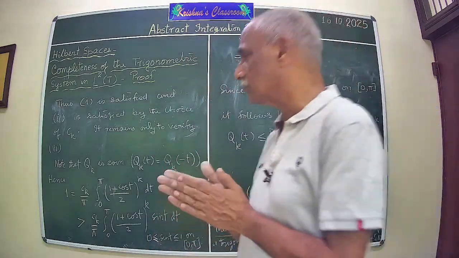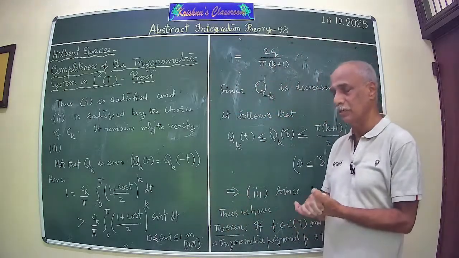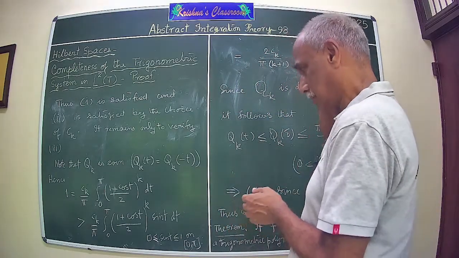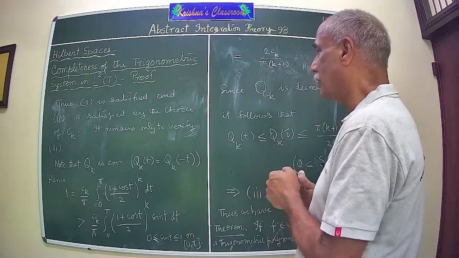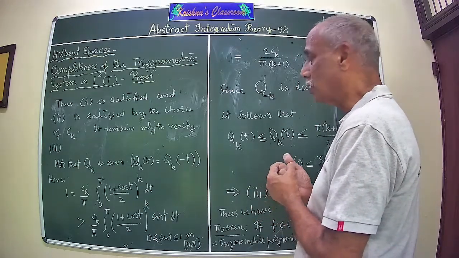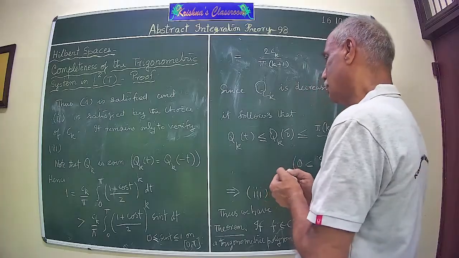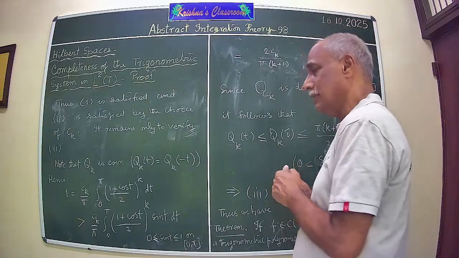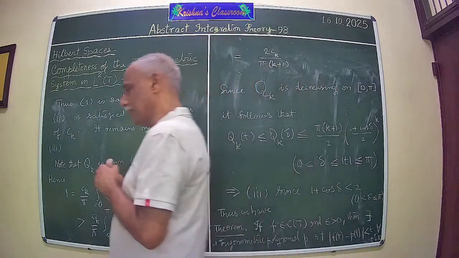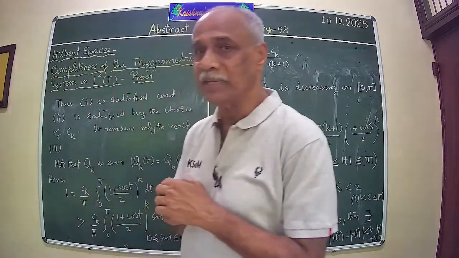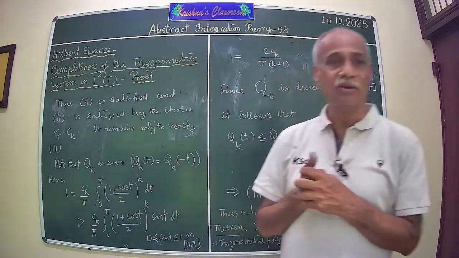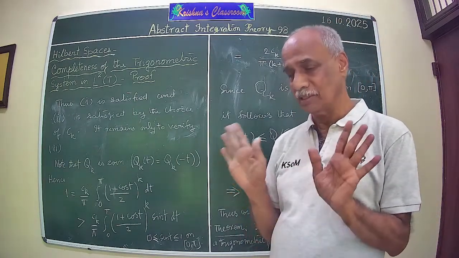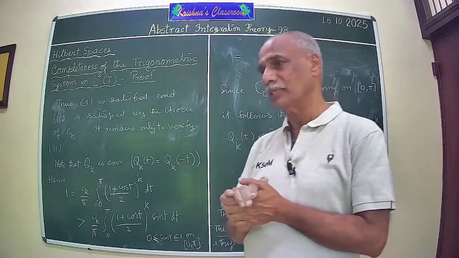The consequence of that by the characterization theorem is that the orthonormal polynomials e to the power int for n belonging to Z form a complete orthonormal system. So that is the conclusion.